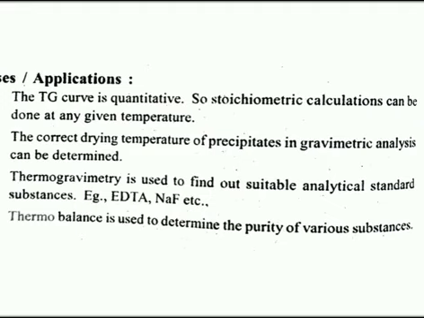Some of the uses of thermogravimetric curves are given here. The TG curve is quantitative, so stoichiometric calculations can be done at any given temperature, and the correct drying temperature of precipitates in gravimetric analysis can be determined. We already discussed gravimetric analysis.